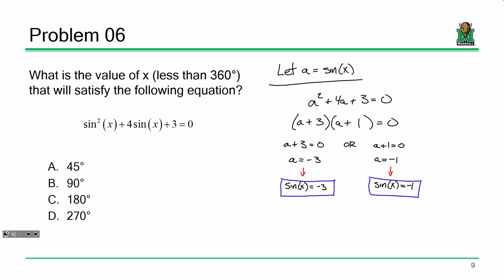Fair statement? Now, one of these answers doesn't make any sense. Can you guess which one? It's the negative 3. Now, there's a reason why.